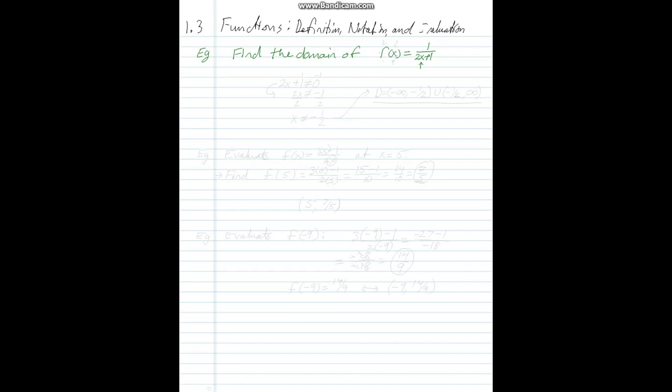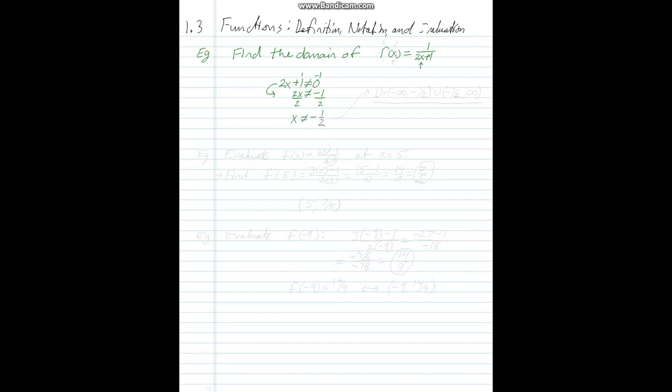So recall that the denominator expression, 2x plus 1, cannot be equal to 0. Now we can solve for x as if we were working with an equation, even though what we have here is an inequality. If I subtract 1 from both sides, that leaves me with 2x cannot be equal to negative 1. Finally, I can solve for x by dividing both sides by 2, and I see that x must not be negative 1/2.